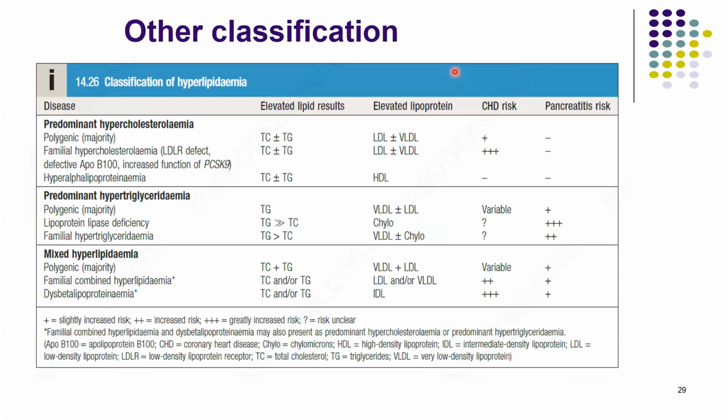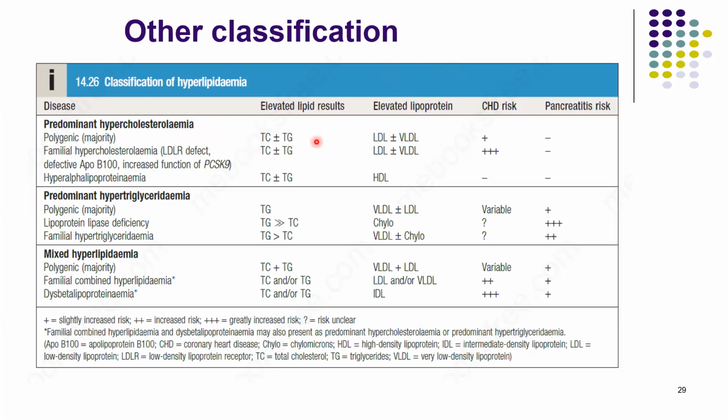All right, another classification, this is also useful. For example, predominant hypercholesterolemia. The dominant is the elevation of LDL and VLDL, with elevated lipid results, TC, total cholesterol, plus or minus TG.